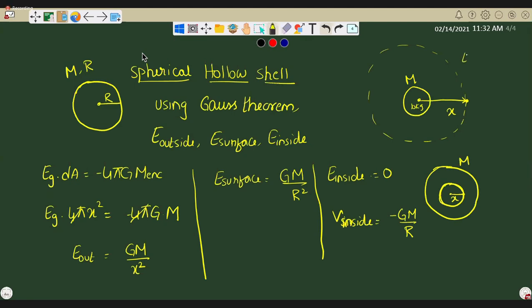So V outside will be equal to minus dV by dr, isn't it? Yes, sir. So I'm asking the potential from this: dV is equal to minus E dot dr, or V is equal to integral of minus E dot dr. Minus integral, outside, if you take it, is Gm divided by x squared dx, isn't it?